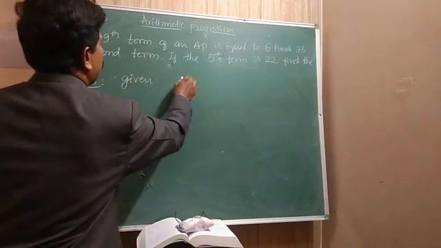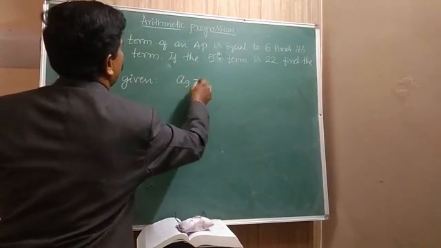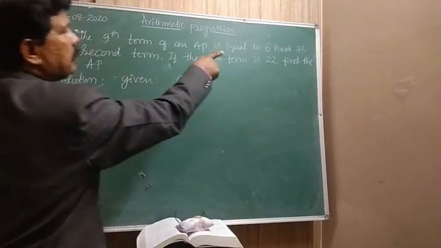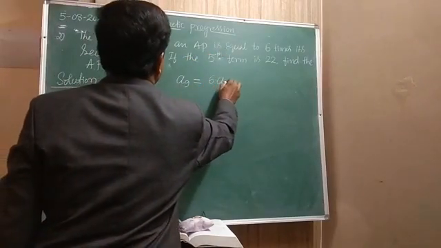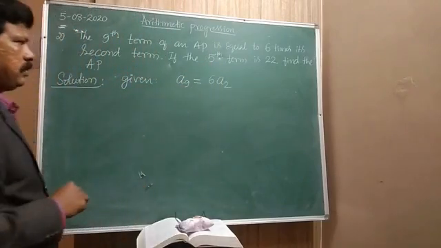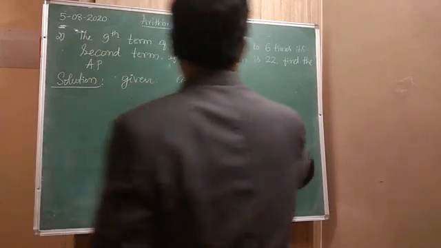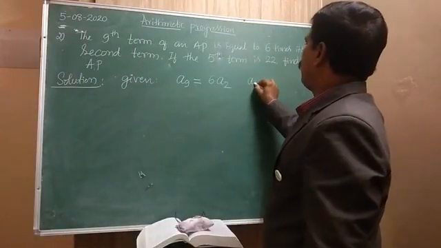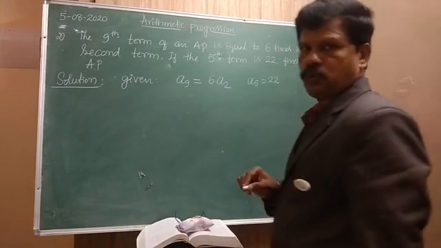what is given? Ninth term A9 is equal to 6 times its second term, and fifth term is 22. So A5 is equal to 22.